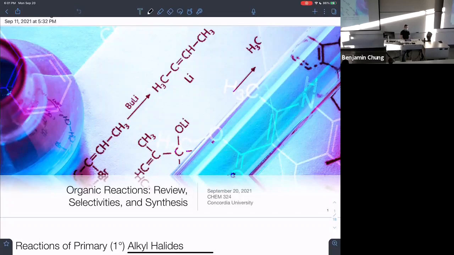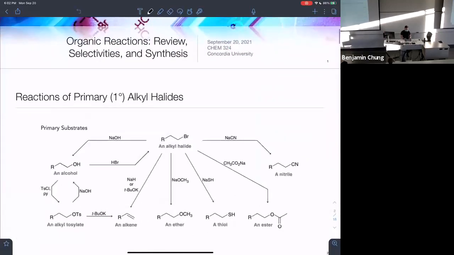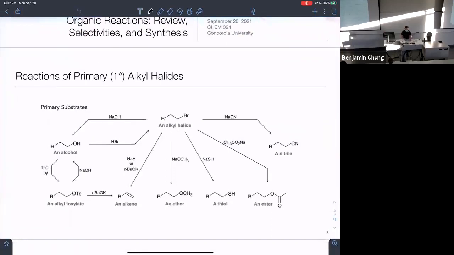Anyway, for tonight, I will be going over mostly review of the reactions that you learned in Org 1 and 2. Hopefully, most of it is review for you guys. If it's not, please let me know. Okay. So first, this is from Klein, Unit 7.